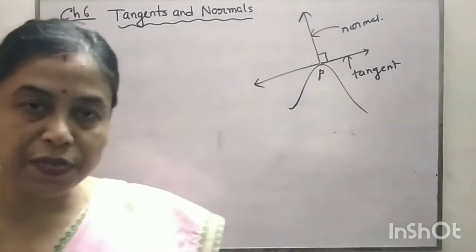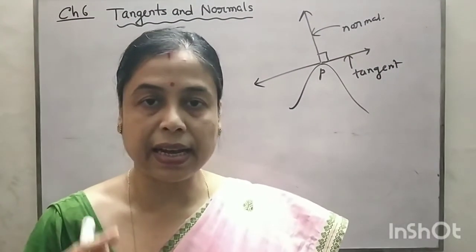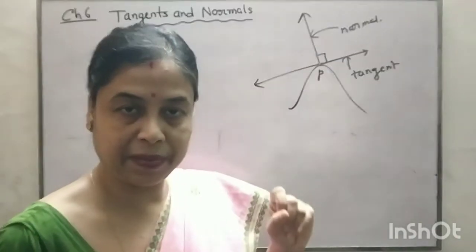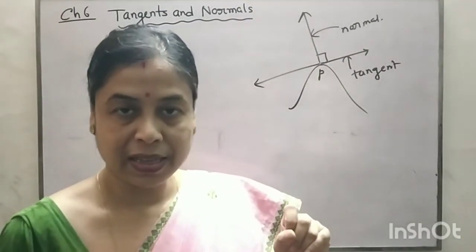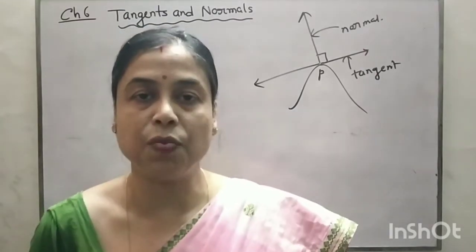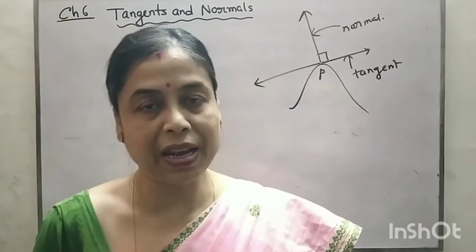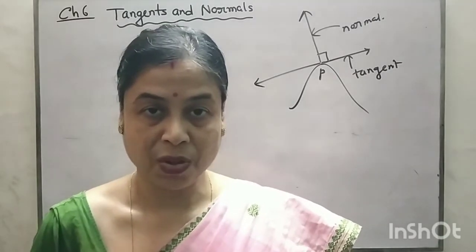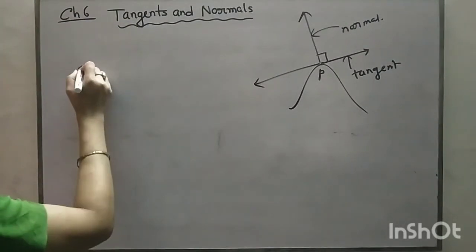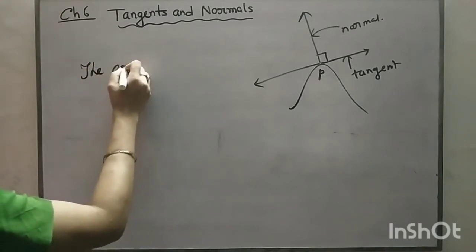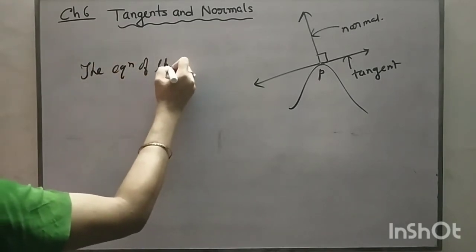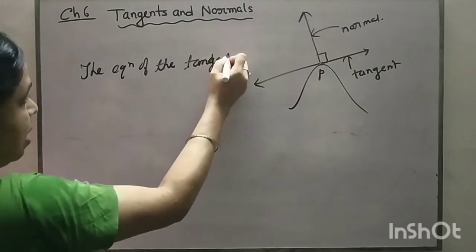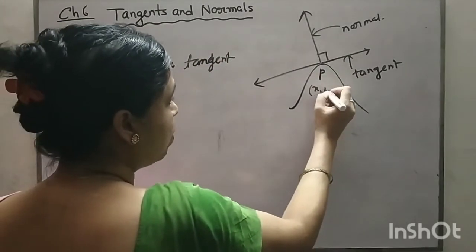So what is the tangent we have got? Tangent is a line passing through a point, right? Or touching the curve only at one point. So obviously it will be a line passing through one point. So what is the equation of a tangent? Say I am taking the point P as x1, y1.